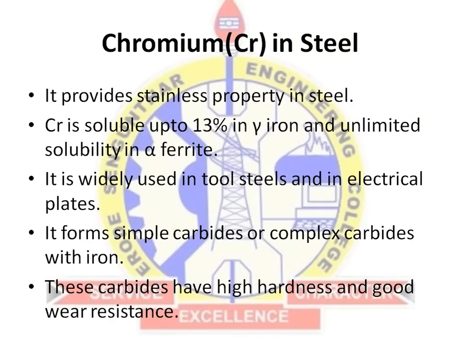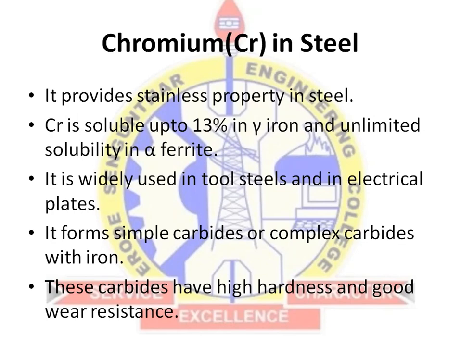After manganese and silicon, we are seeing chromium steels. Chromium provides the stainless property to the steel. Chromium coatings are generally used in two-wheeler vehicle handlebars, rims and so on.